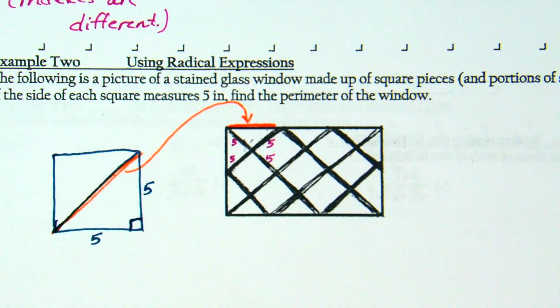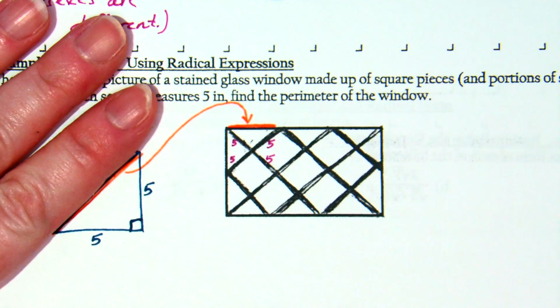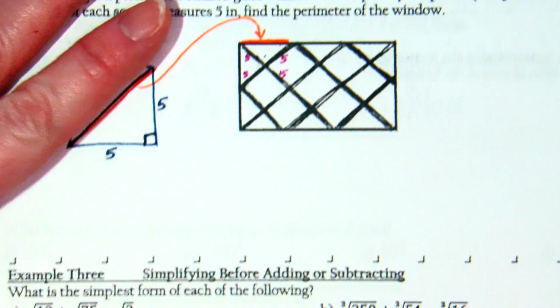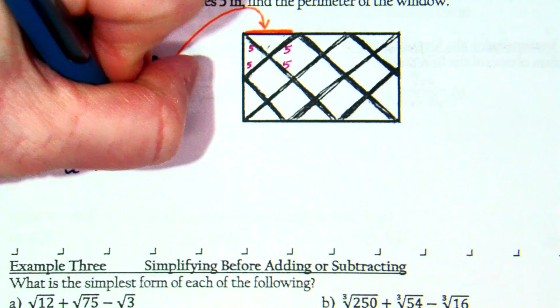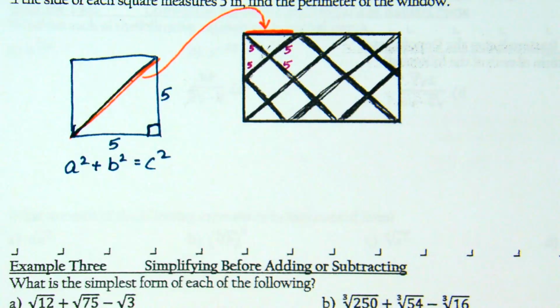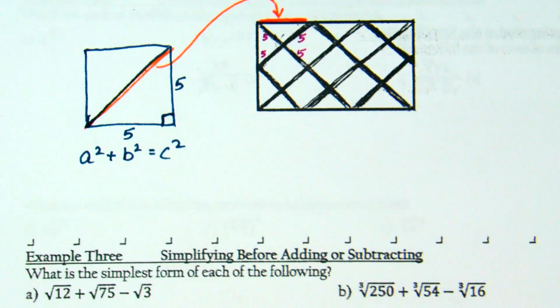Clayton already threw the word out, hypotenuse, because what is this square made up of? 2 triangles. Specifically 2 triangles that are right triangles. So yes, we can use a squared plus b squared equals c squared. What is that called? There we go, Pythagorean theorem. You guys know math, see? I haven't taught this stuff in a long time, but it's all coming back to you.